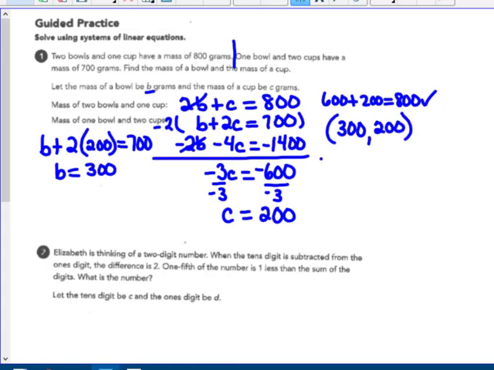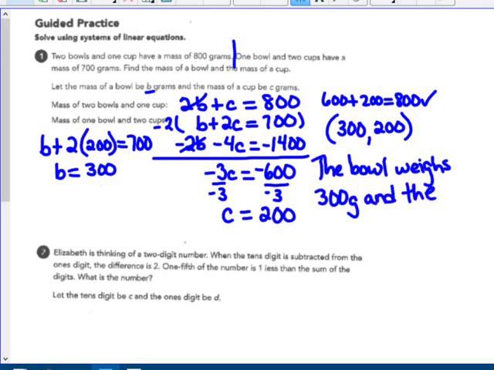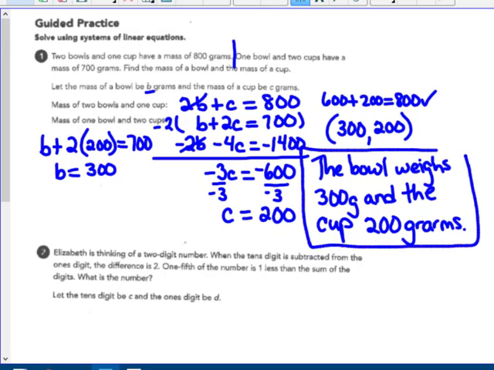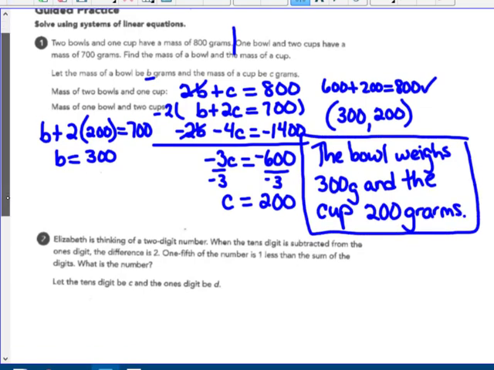Find the mass of a bowl. The bowl weighs, because I want to put the grams on that, 300 grams and the cup 200 grams. G stands for grams. Okay, let's go to the next one.